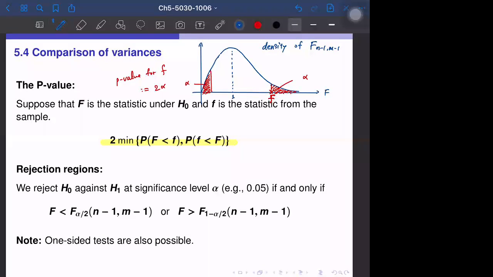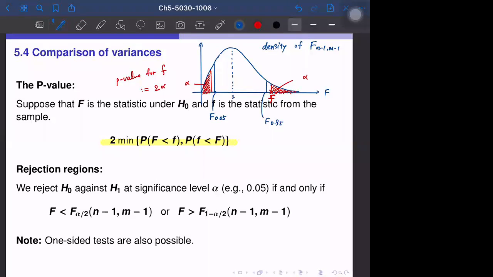For example, for a 10% level test, this is the 5th percentile, F of 0.05 with degrees of freedom n-1, m-1, and this is the 95th percentile, F of 0.95.